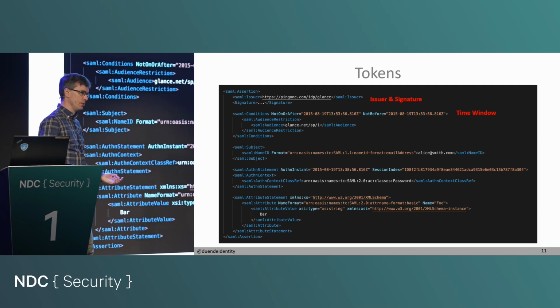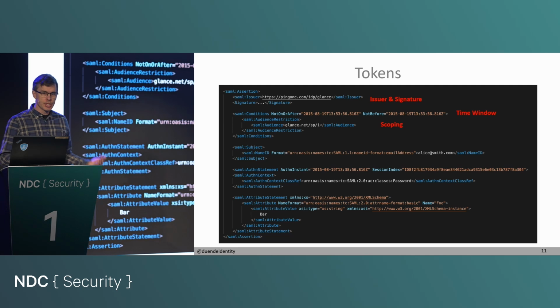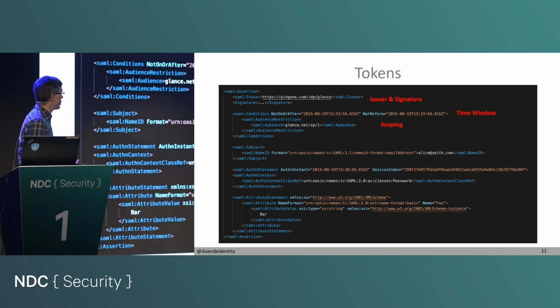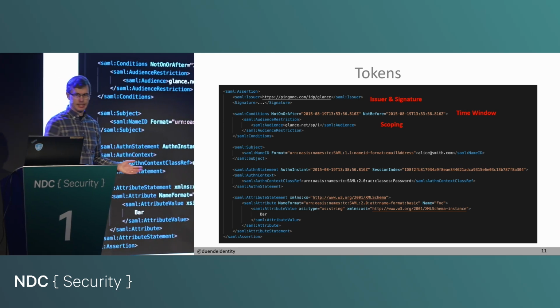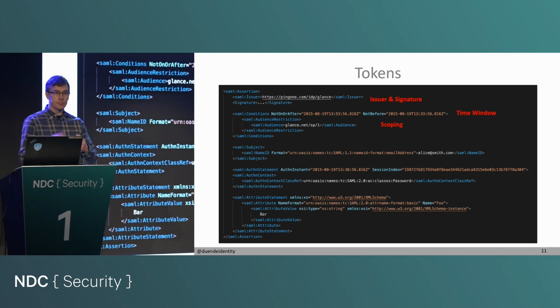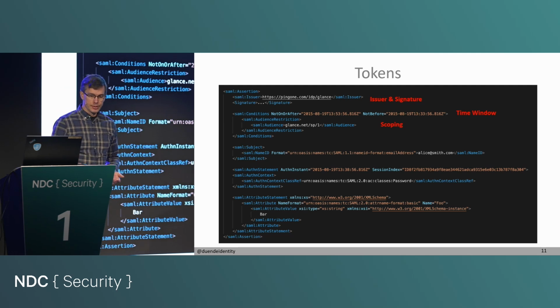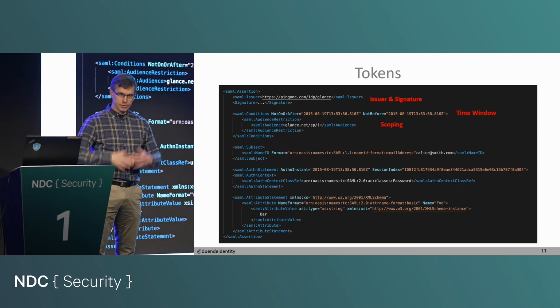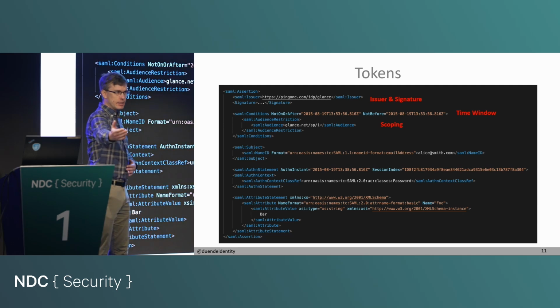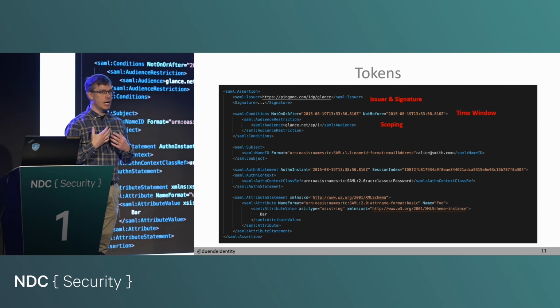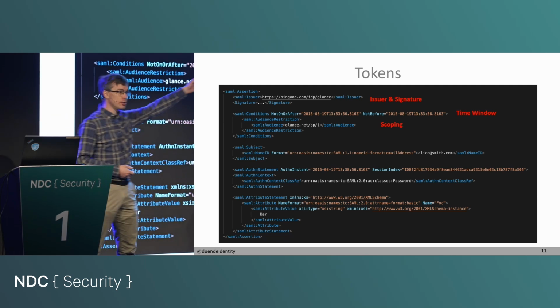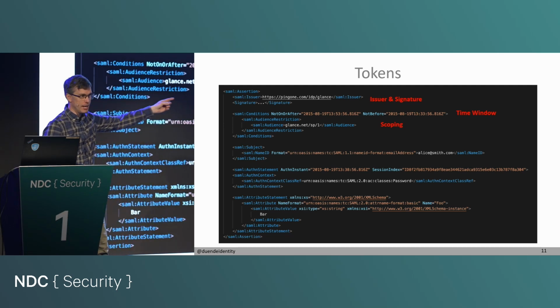There's a time window for how long this token is valid. There is scoping, meaning that this token is not valid everywhere. It's valid for specific APIs. This is an important security feature, because if I am implementing a low security API and I get an access token sent to my API from the user, without scoping, I could take that token, turn around and call a high security API over there and do something bad.